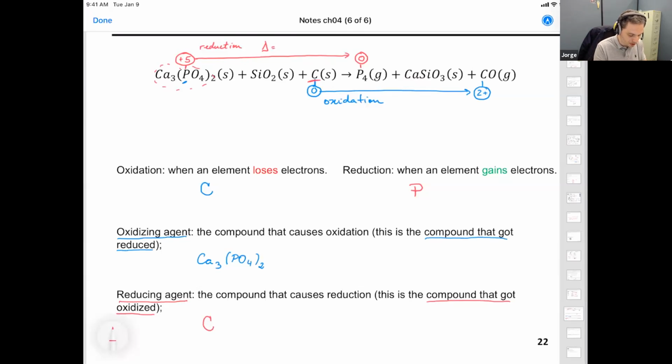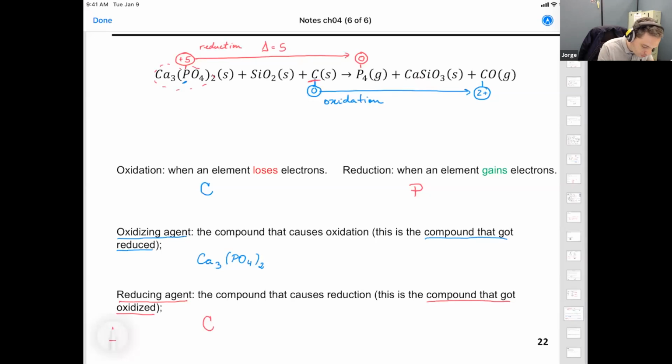Phosphorus started from 5 plus and moved all the way down to 0. Therefore, the absolute change was 5. Okay. From 5 plus to 0, we have to gain 5 electrons.